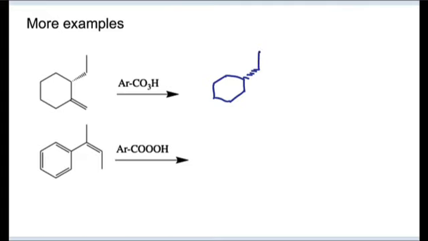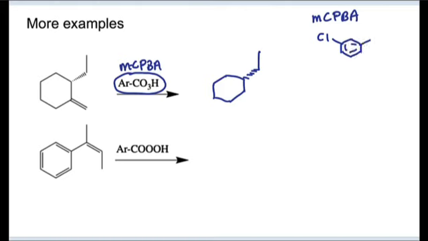Here we've got a nearby R group situated on the back face of our molecule. That means that MCPBA, which is this, by the way, it's just another way to write MCPBA. Let's talk about that real quick. MCPBA looks like this.